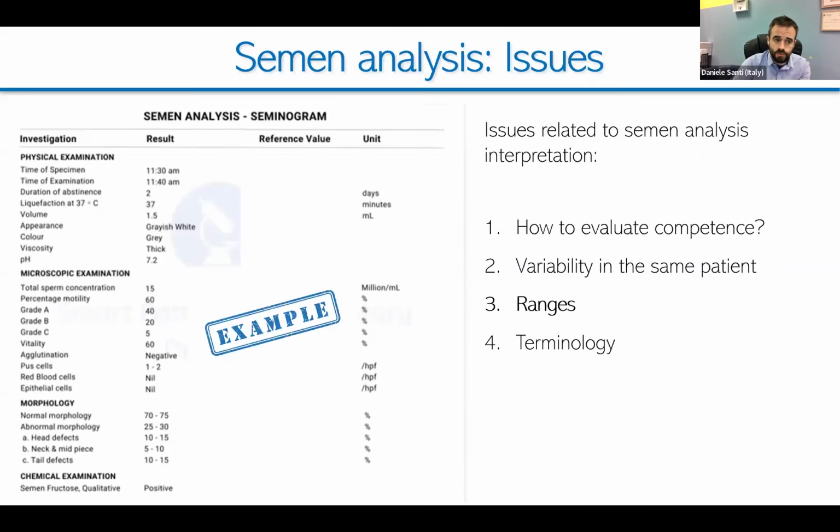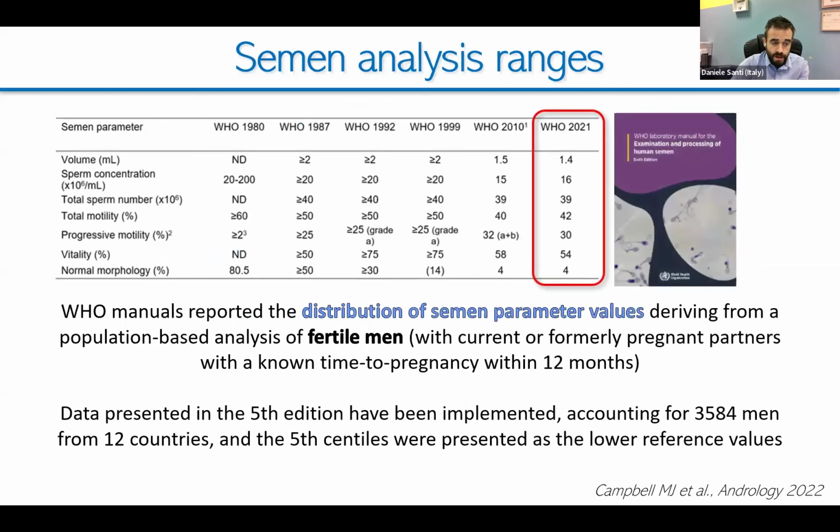The third point to keep in mind is the use of reference ranges, because generally we consider each parameter with a reference range, normal and abnormal. The manual provides us some ranges for all parameters, so for sperm concentration, total sperm number, and so on.